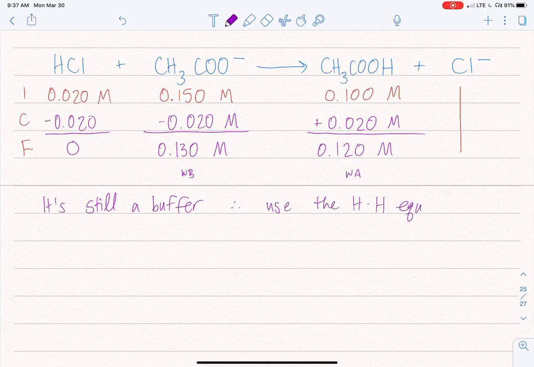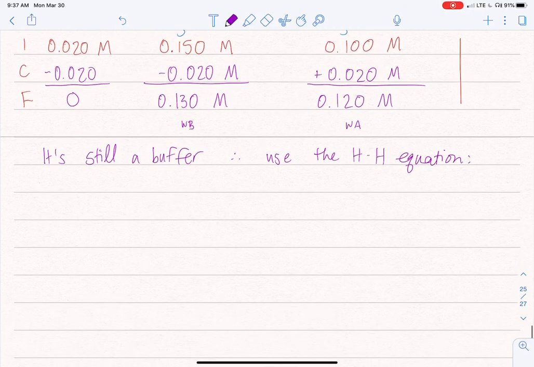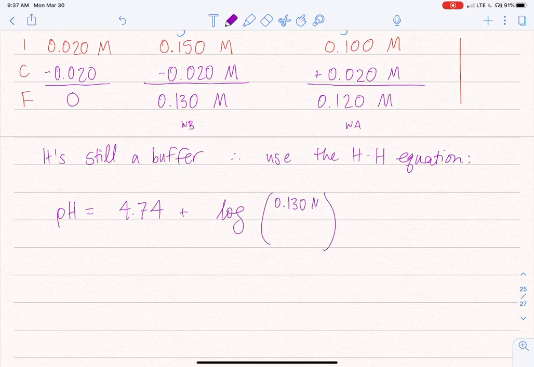So let's plug these new concentrations into the Henderson-Hasselbalch equation and see what changed. So I have the pKa that I calculated from before, 4.74, and now I'm taking the log of base over acid again, but the ratio has shifted slightly, right? I have 0.130 molar over 0.120 molar.